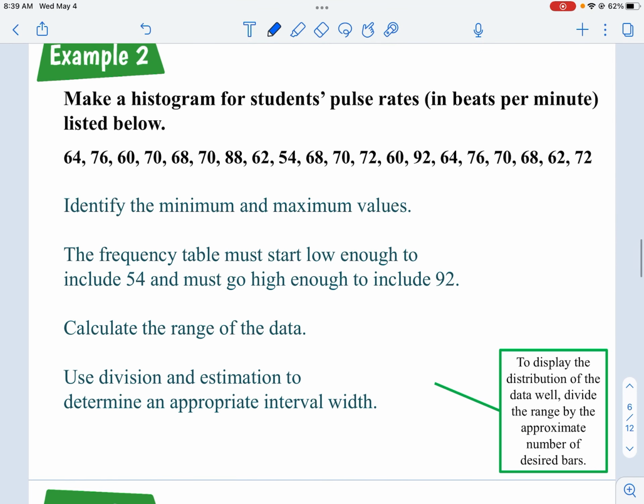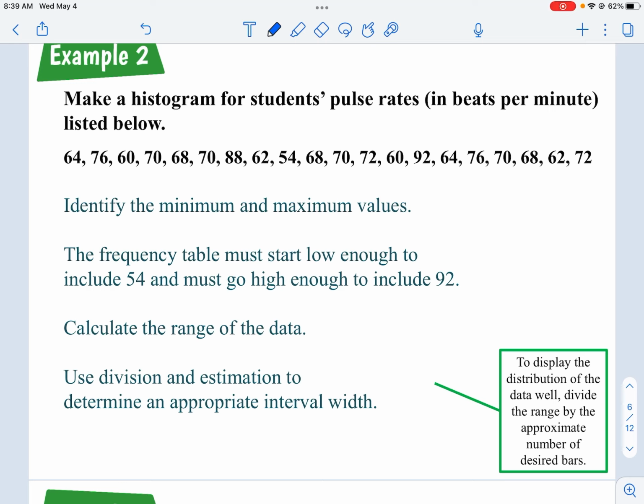So we're going to make a histogram for students' pulse rates. So all of their data is shown down here. These are the pulse rates. Okay, first thing, identify the minimum and maximum values. So I don't need to put them in order, but I need to find my minimum and my maximum. Okay.